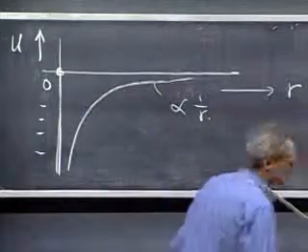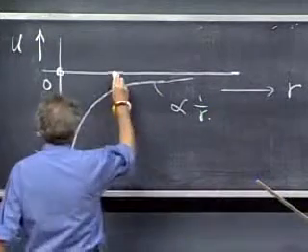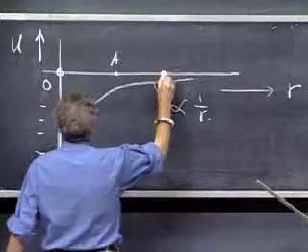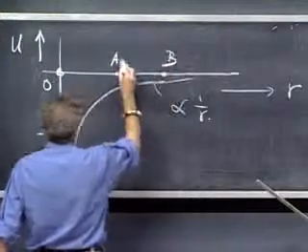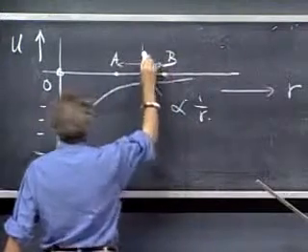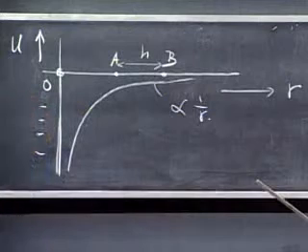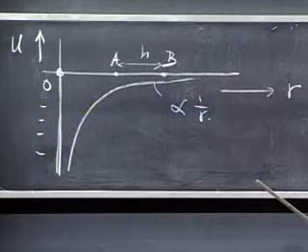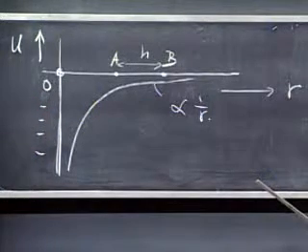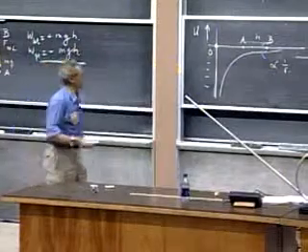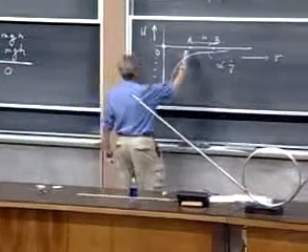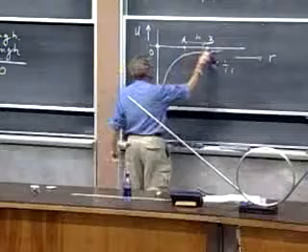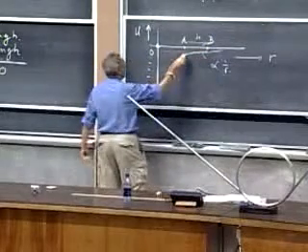If you move an object from A to B, and this separation is h, and if A and B are very far apart, the difference in potential energy is no longer mgh, but the difference in potential energy is the difference between this value and this value.